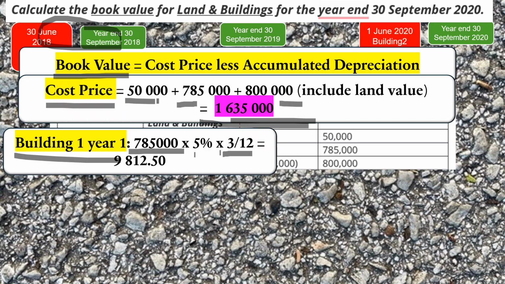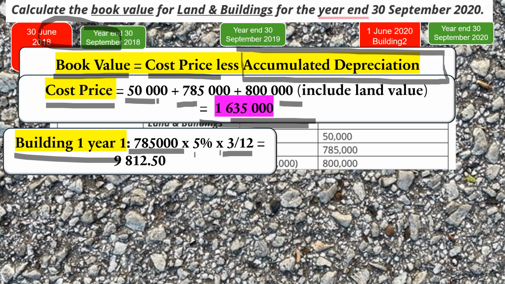I'm busy calculating the accumulated depreciation on the buildings. We've got the cost price, it's 1,635,000. Building 1, year 1, we now have 9,812 Rand and 50 cents depreciation.